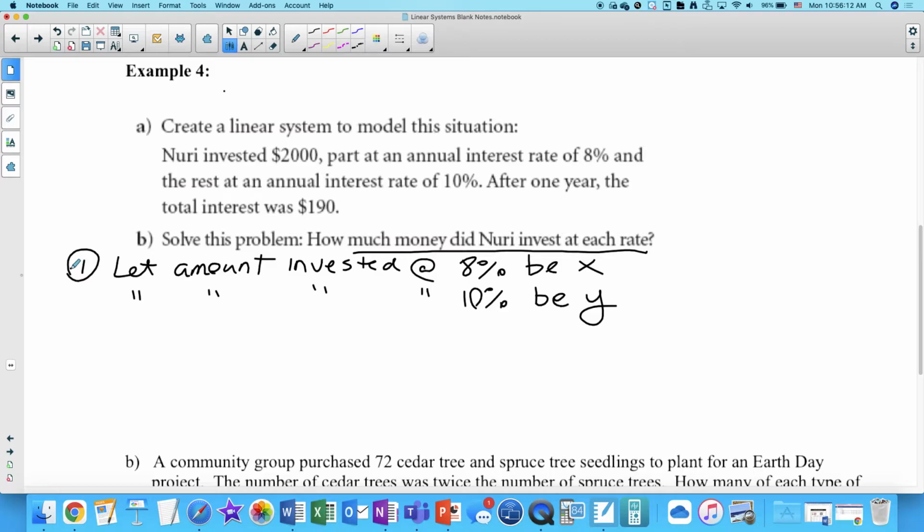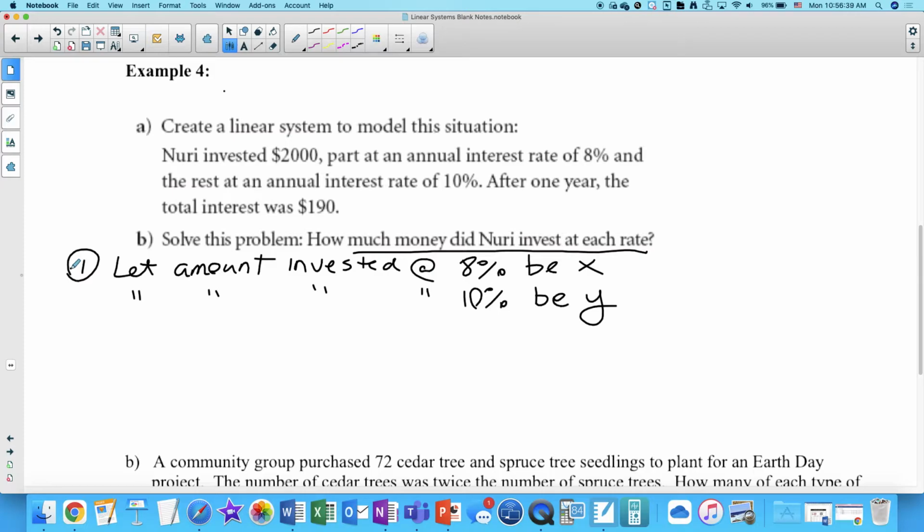So let's see if there are any totals in the problem, because that's one thing I told you to look out for last class. Yeah? 2,000. What is the 2,000 the total of? It's the total amount of money that can be invested.